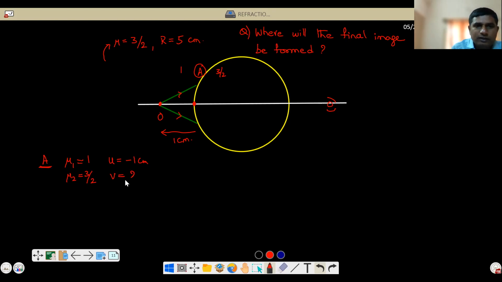Next, V is what I have to find out. Then what is R? Now this is the pole, so this is the center. To measure this distance you have to go right, so +5 centimeters.